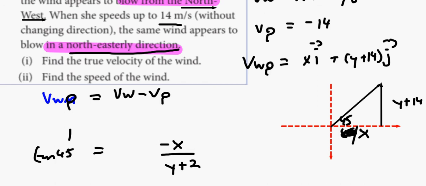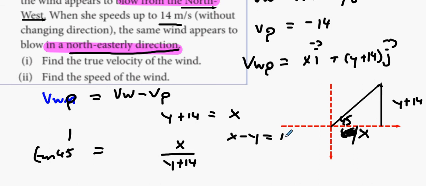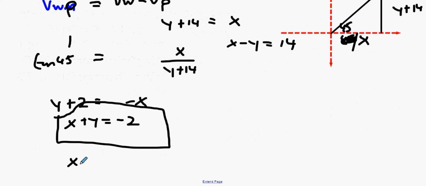No. So tan 45 in this case is x divided by y plus 14. Cross multiply, that's 1 again, isn't it? So it's going to be y plus 14 equals x, x minus y equals 14. Down you go.